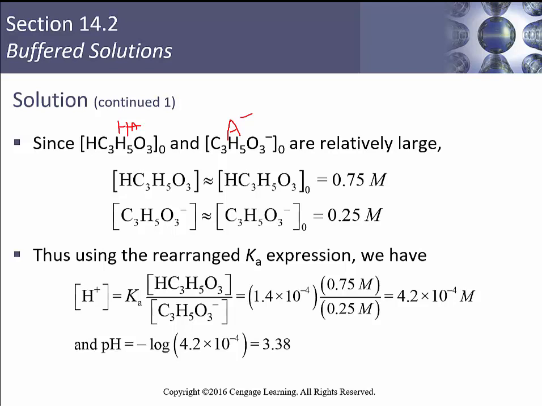Thus, using our rearranged K expression, our H plus is going to be Ka times the ratio of the weak acid over the weak base. And we end up with a value of H plus of 4.2 times 10 to the minus 4. And our pH is going to be minus log of that, or 3.38. Right? Let's do this the easy way with Henderson-Hasselbalch. So this involved getting out an ICE table, thinking about what's going on.